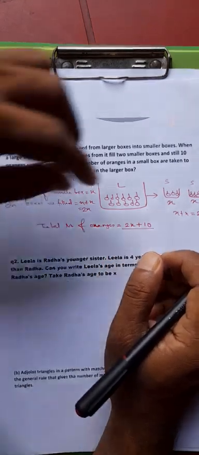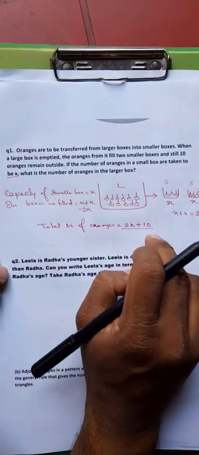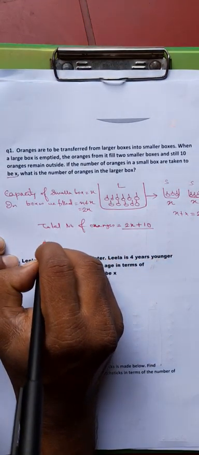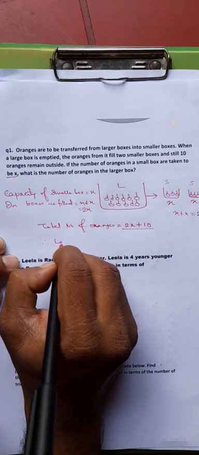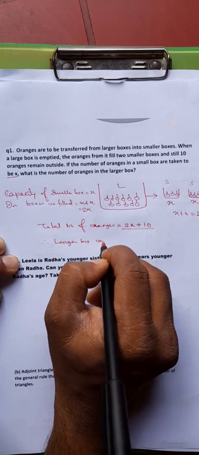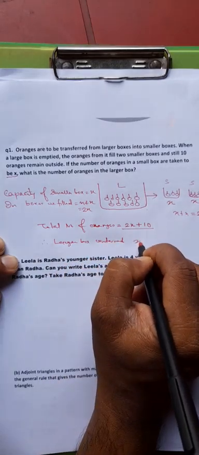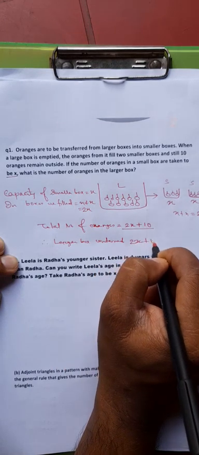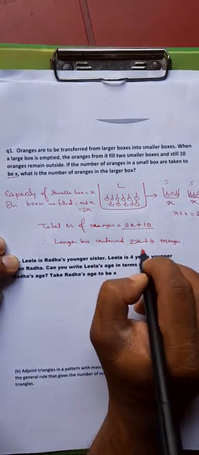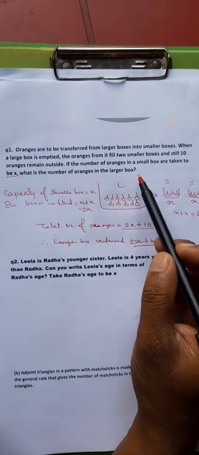That means this larger box contained twice x plus 10 oranges. Therefore, the larger box contained twice x plus 10 oranges. Right? This is the answer.